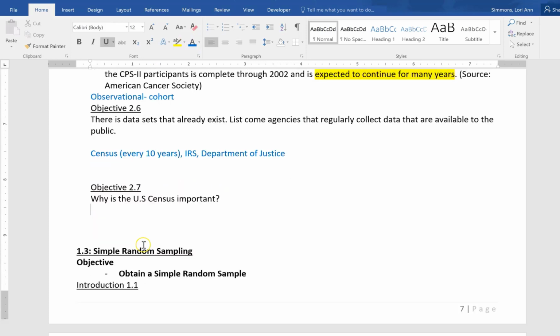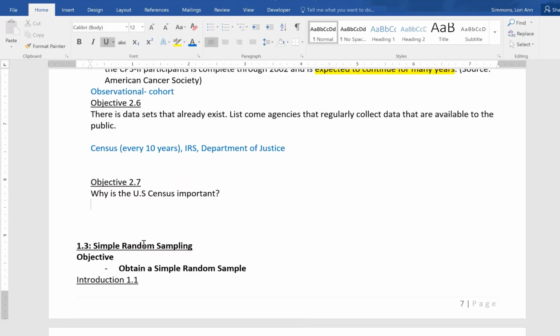Why is the census important? The results are used to determine the number of representatives in each state in the House of Representatives.